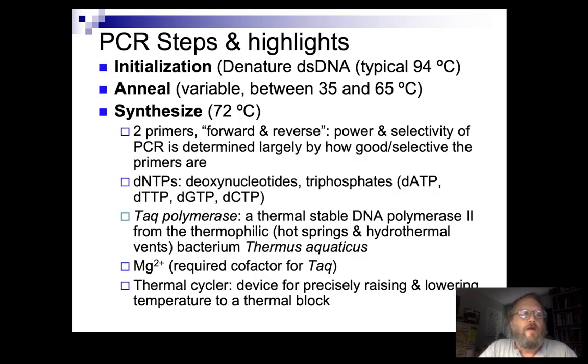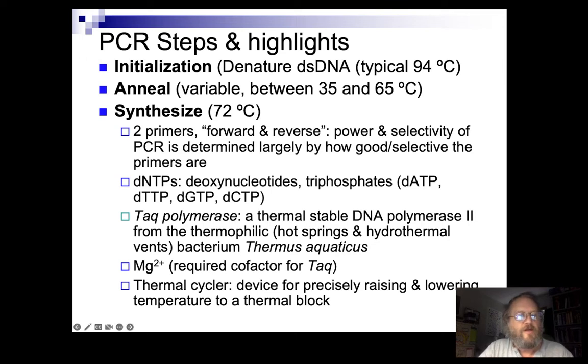All right. So the basic highlights of PCR involve three steps, right? The initial step is to denature double-stranded DNA at a temperature close to boiling, and then you cool it, the annealing step, by lowering the temperature anywhere from about 35 to 65 degrees Celsius, and we'll return to that in a moment.